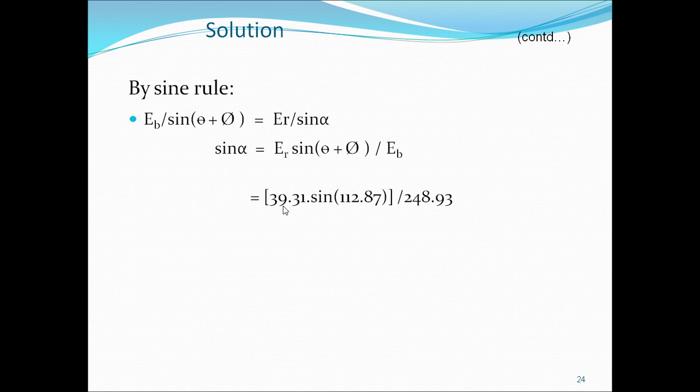That is 39.31 into sine 112.87 by 248.93, which gives a value of 0.1455. So angle of retardation alpha is equal to sine inverse of 0.1455, which gives a value of 8.37 degrees.